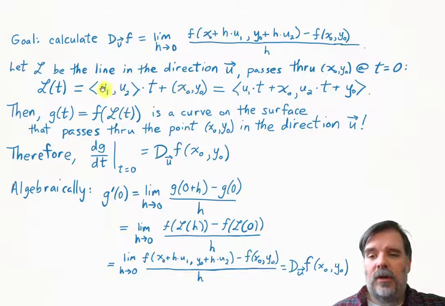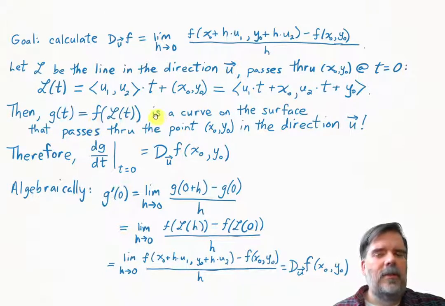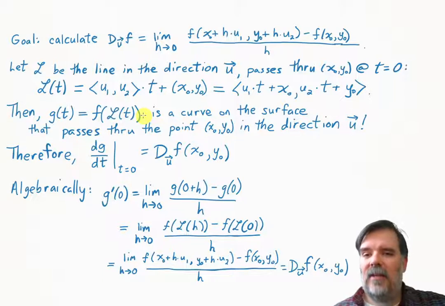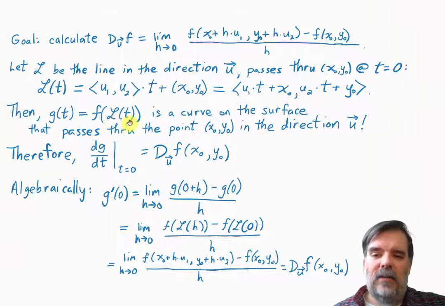If you wish, you could also take this expression and collapse it into one vector by doing the scalar multiplication, multiplying each of these by t, and then adding together the components. This could be rewritten as (u1 times t plus x naught, u2 times t plus y naught). Now, if we do the composition of these functions, as we discussed when we covered the chain rule, the composition of a multivariable function and a vector function gives us a curve on the surface.